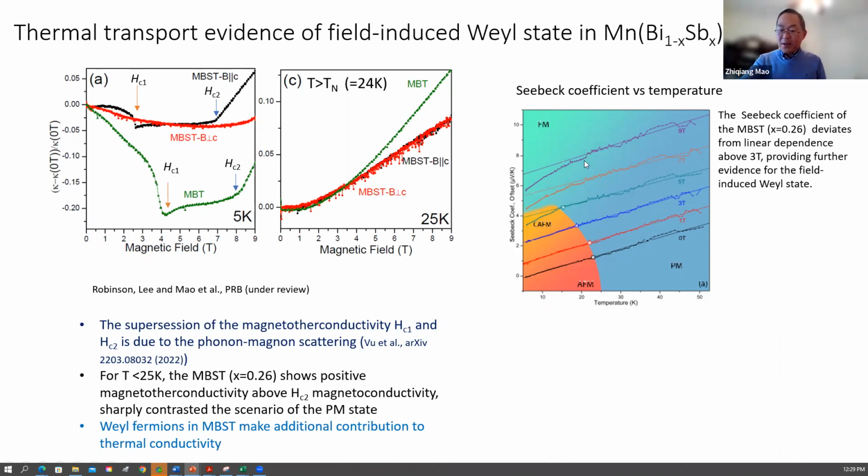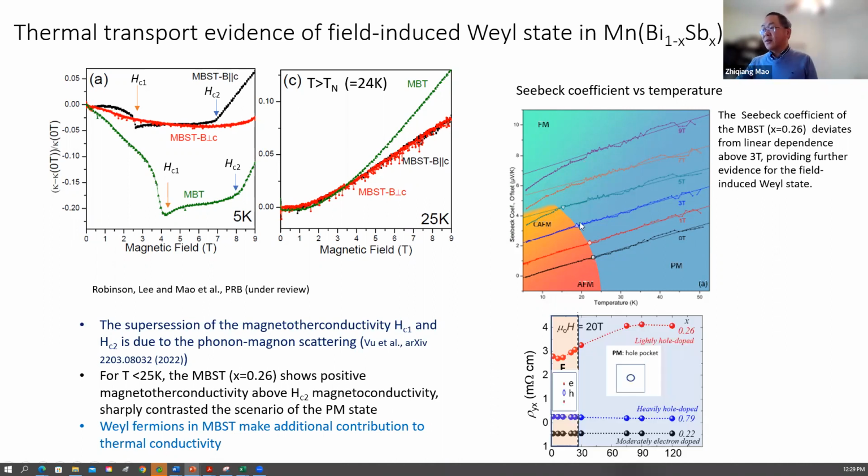This is very consistent with the electronic structure transition from the paramagnetic state to the ferromagnetic state, which I described earlier. In the paramagnetic state, we have a small hole pocket. In the ferromagnetic state, close to the Fermi level, the Fermi surface has two components, one hole pocket and two point-like electron pockets.